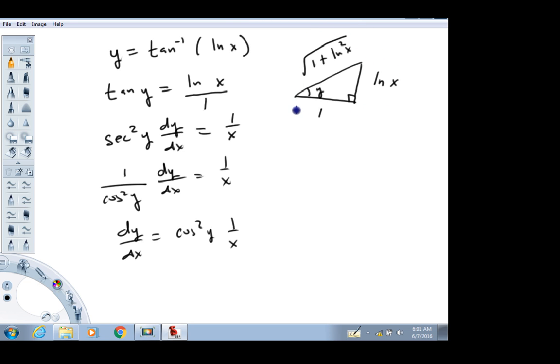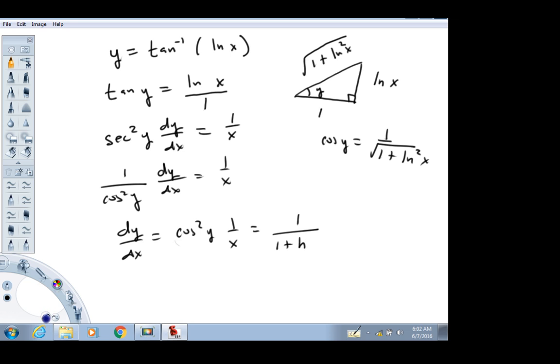So looking at my triangle and keeping in mind that cosine is adjacent over hypotenuse, cosine y is equal to 1 over square root 1 plus ln squared x. So cosine squared is therefore equal to 1 over 1 plus ln squared x.